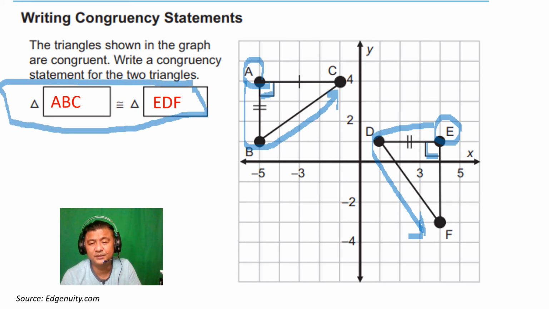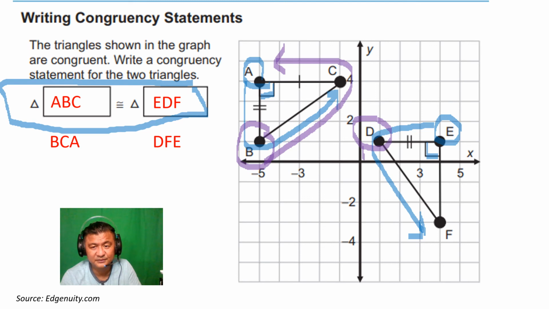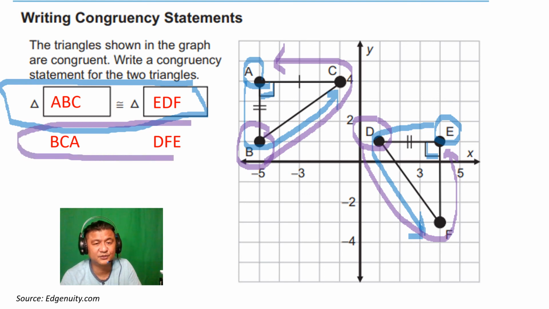But I could do another one. How do I do that? I could start with BCA. If I start with BCA, look at the purple, B followed by C, then A. So if I start from here, that means I would start from D, followed by the farther one, F, then E. See that? And of course, there's another way.